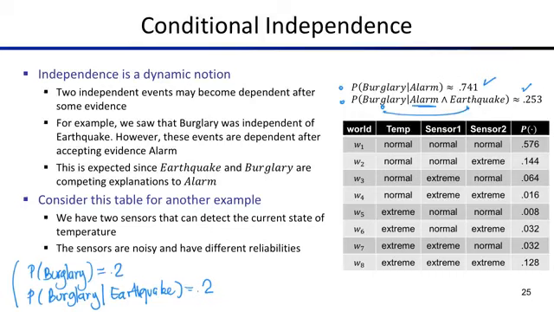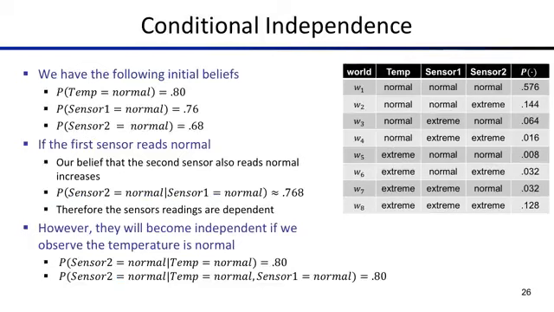So here we have this table where we have all possible worlds. We have three binary variables, temp, sensor 1 and sensor 2, and the values can be normal or extreme. And let's switch slides here. And those sensors are a little bit noisy, so they will not always read the same thing.